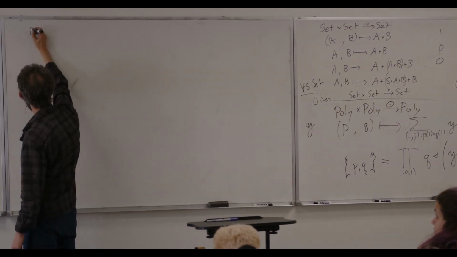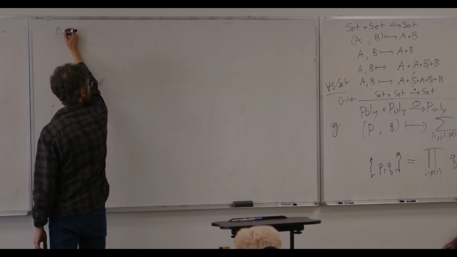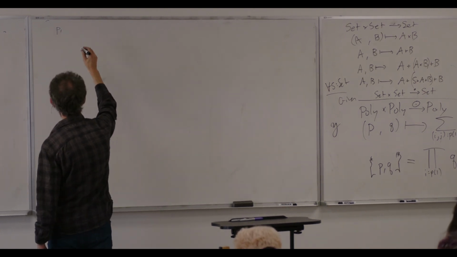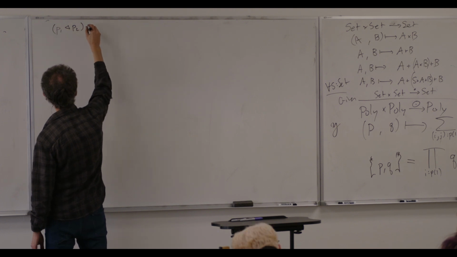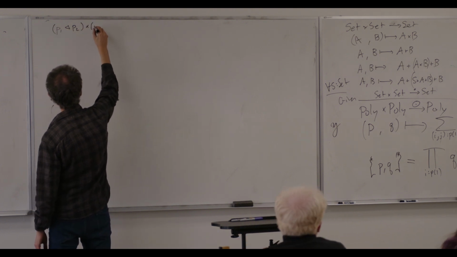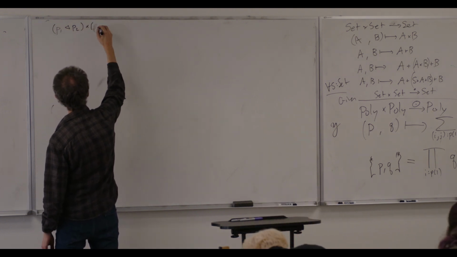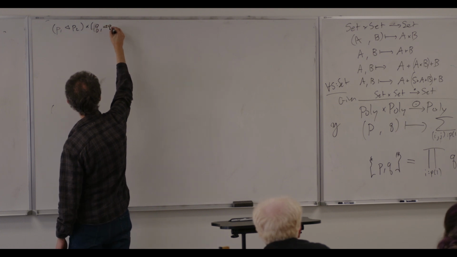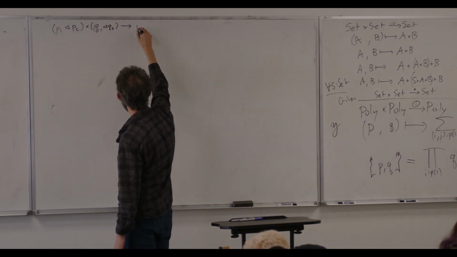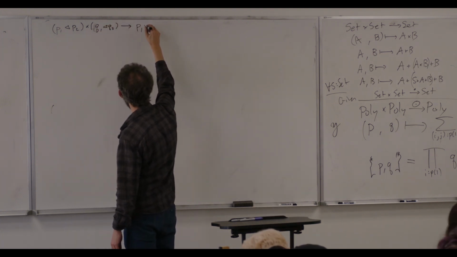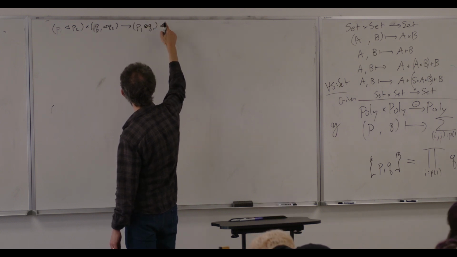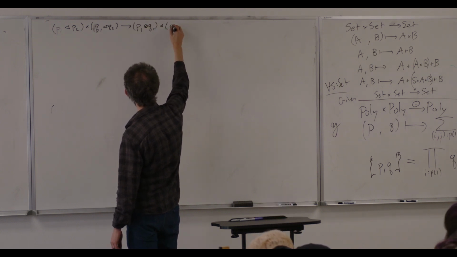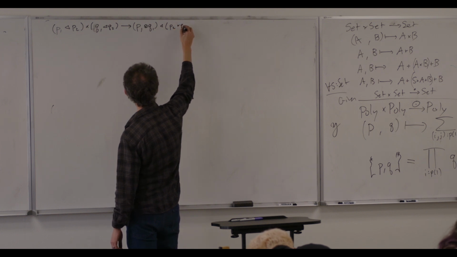The thing I wanted to say, let me just write this. P1 times Q1 composed with Q2 maps to P1 tensor Q1 composed with P2 times Q2.